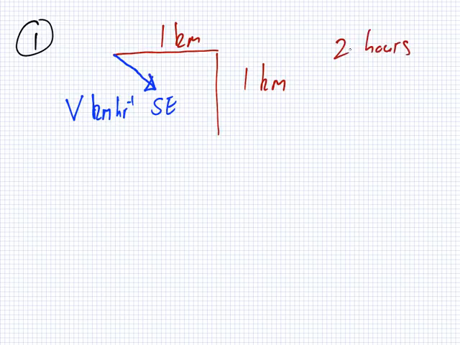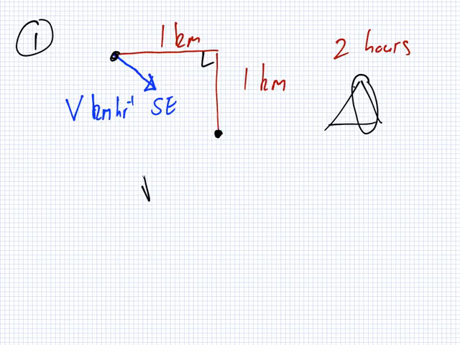So if we think about it as distance, speed and time, it'll be distance divided by time. But the distance isn't 2. What's the distance from here to here? Not 1.